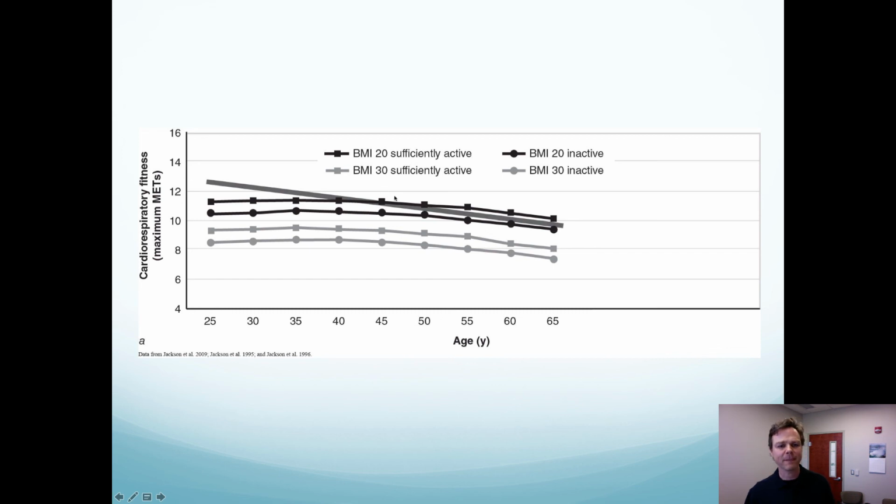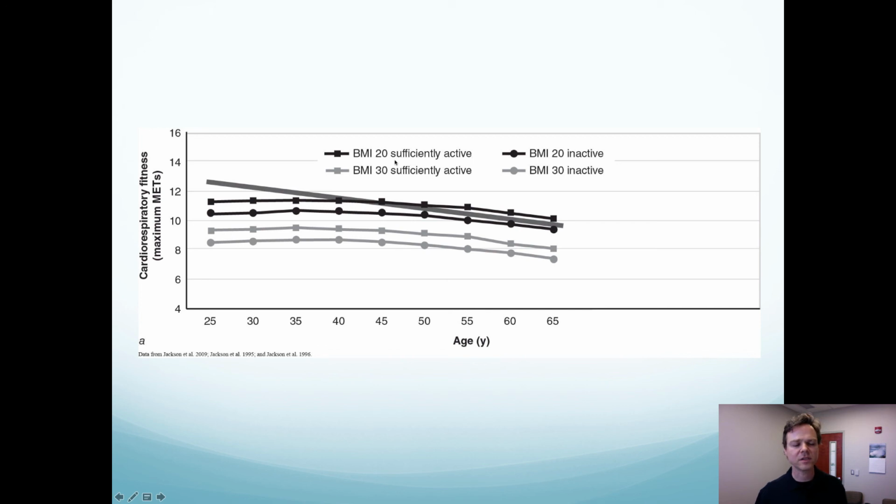But this is showing you if you have low weight individuals, think of what your body mass index is. So think about what this person must have looked like to have a body mass index of 20. Similarly, think of your body mass index and think about what does a person with a body mass index of 30 look like. So you're kind of comparing here the active individual compared to the inactive individual.